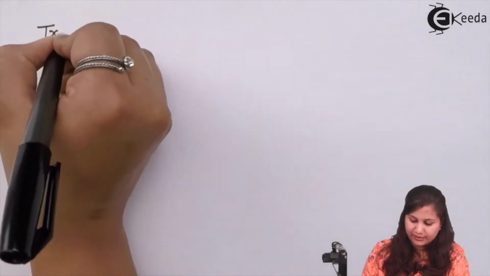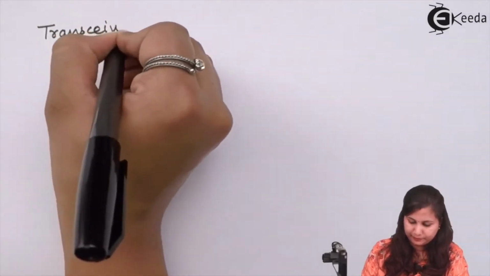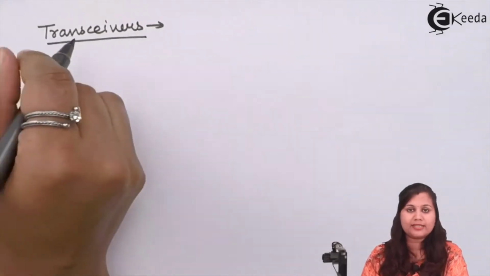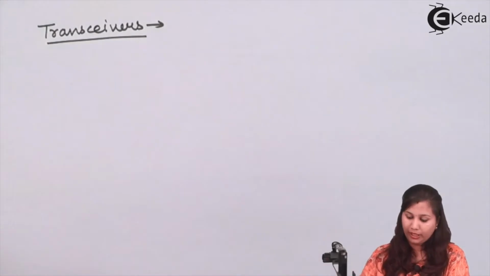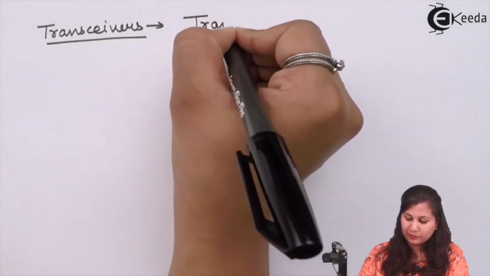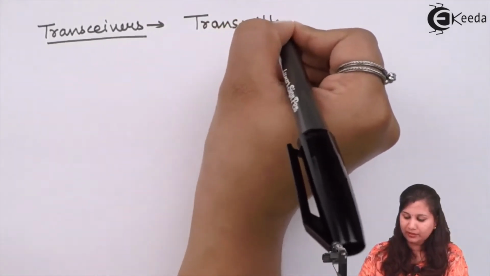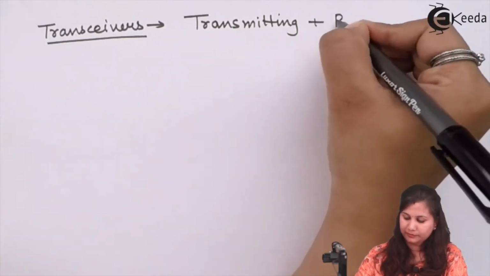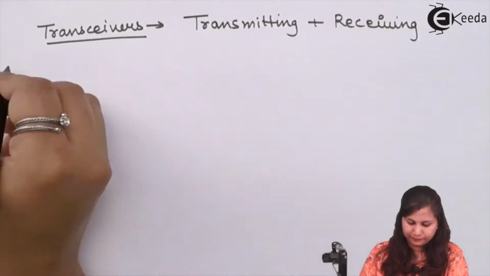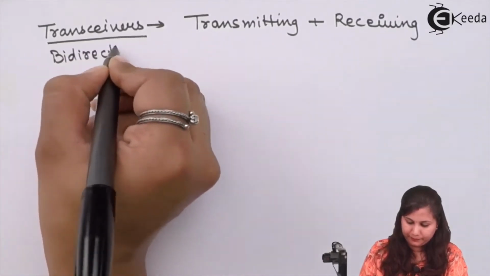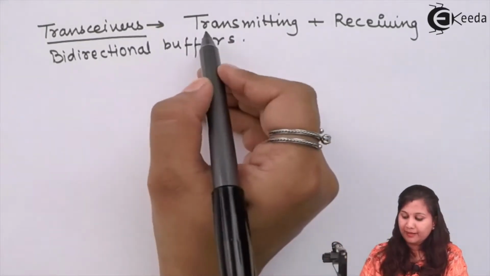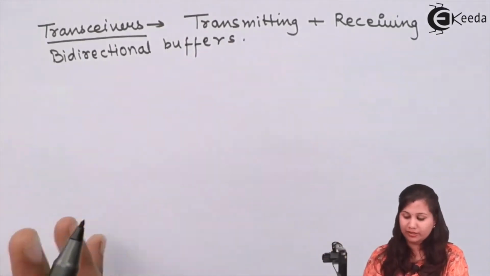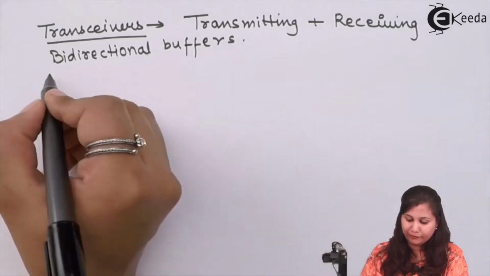Next element we have in the block diagram are the transceivers. Transceiver is the combination of the words transmitter plus receiver. So we can say that it is transmitting the data also and receiving the data also. Because they are acting in both the directions, they are the bidirectional buffers.